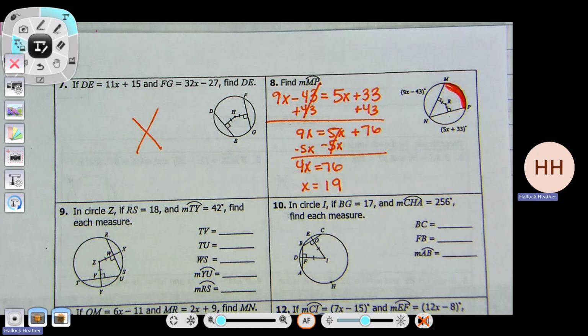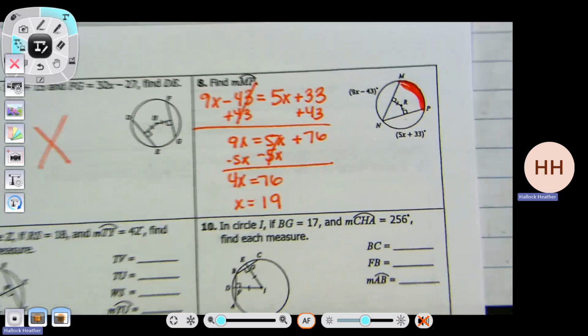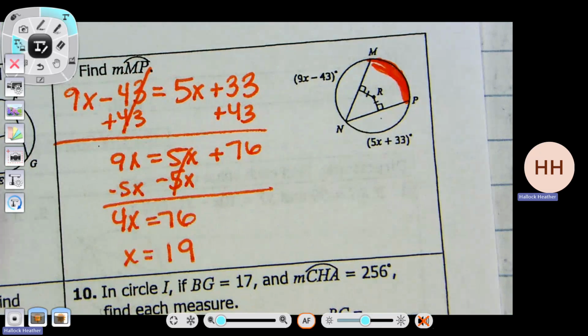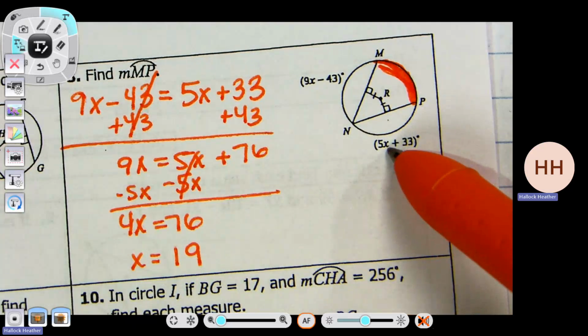Okay, here's the thing. X is 19. Plug it in, 19 for X. If X is 19, a lot of people will forget to plug it back in.